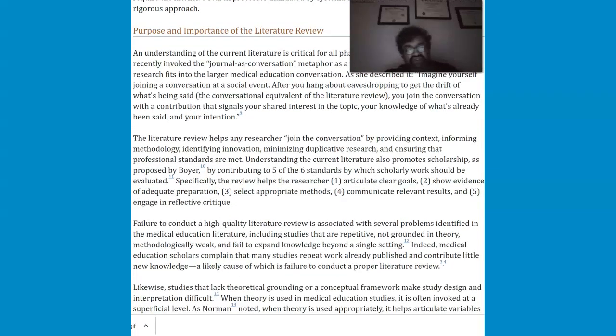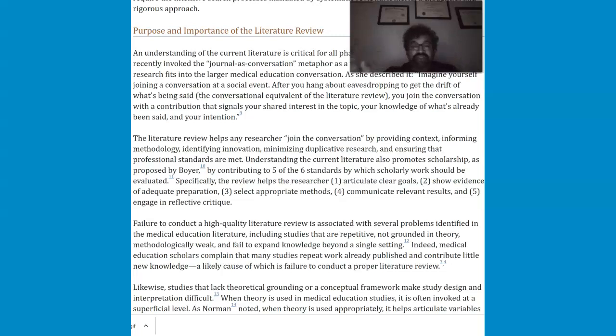But when you're thinking about the literature review, you're thinking in terms of what already exists. So although this may look like what is required in an actual paper, in reality what is going on is the researcher is showing evidence of adequate preparation and selecting appropriate methodology from existing literature.